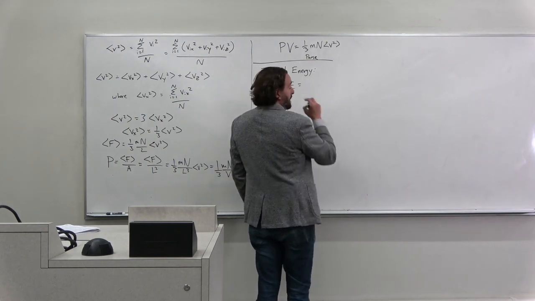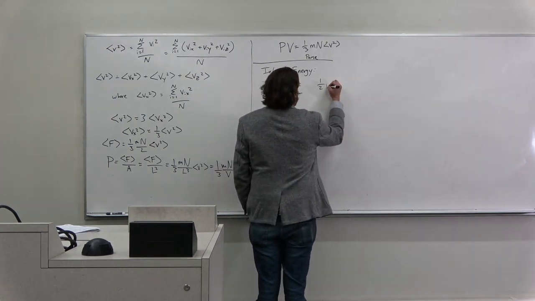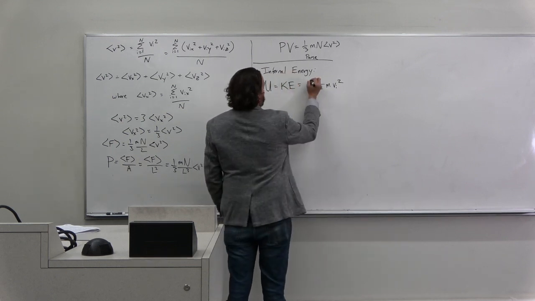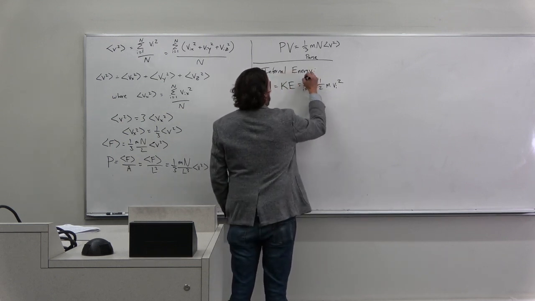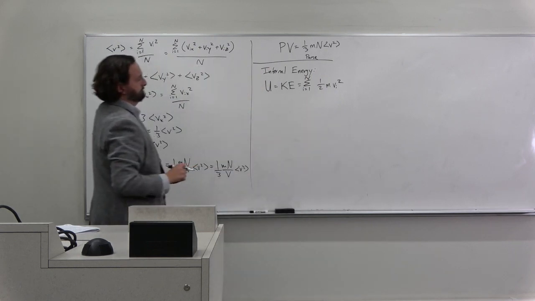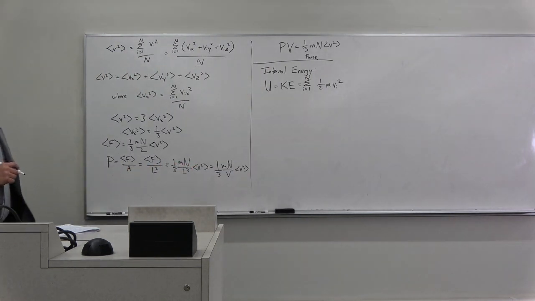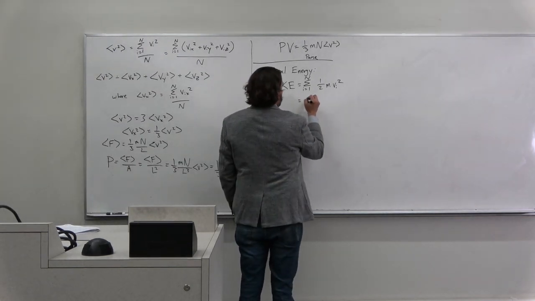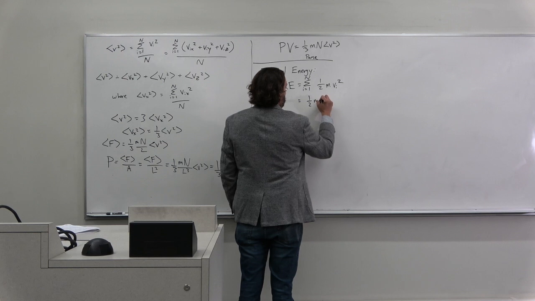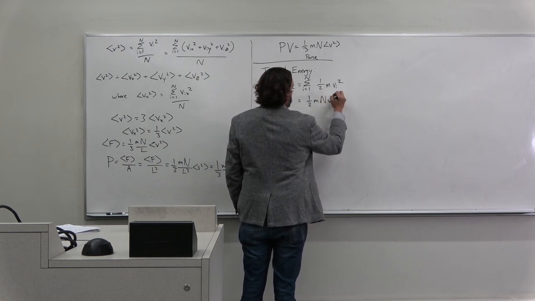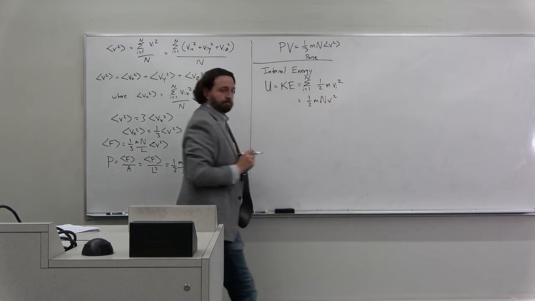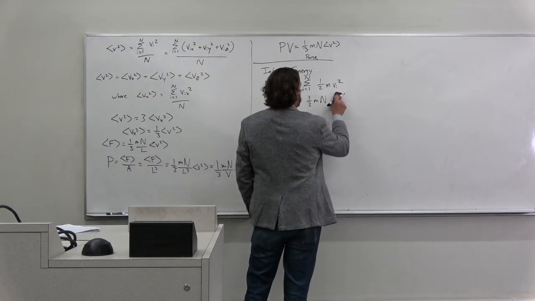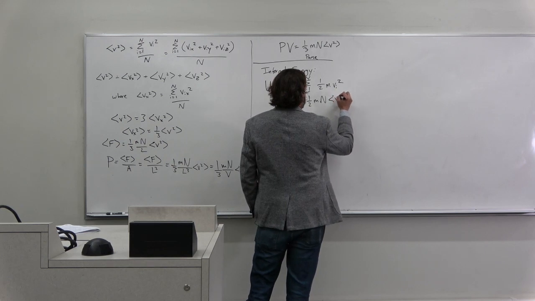A single atom would be 1/2 m vi squared. And I'm simply going to sum over all of them. That sum is just going to bring out an n v squared. It's their average velocity.